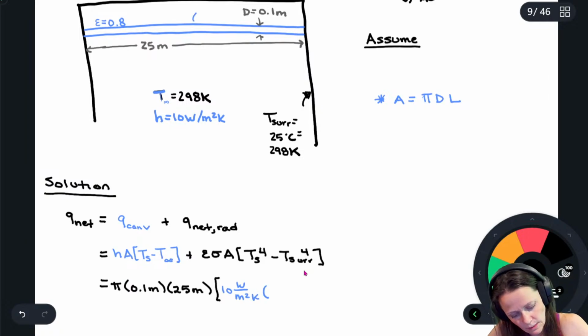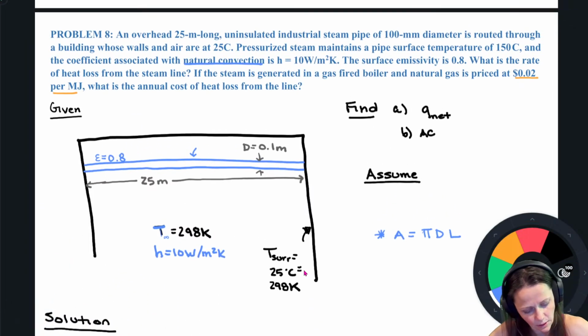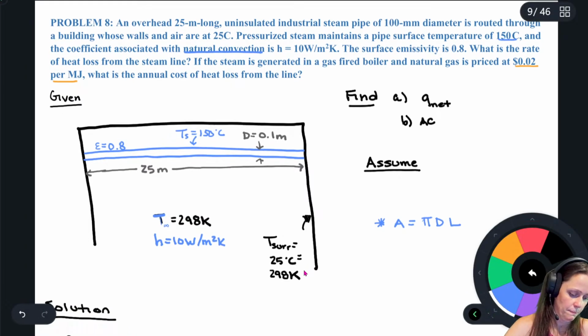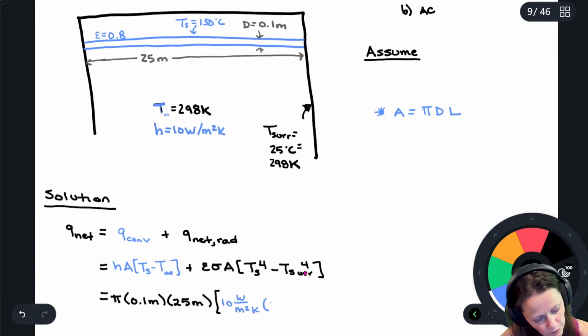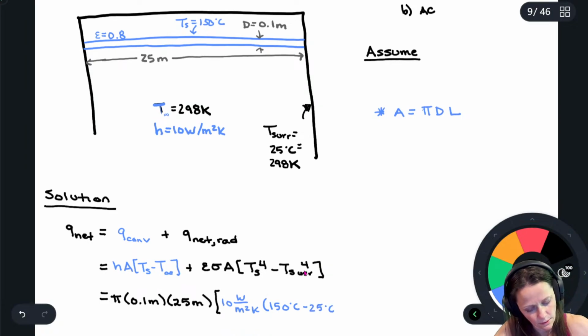Ts, they told us this was, I didn't write that on there, but it's right here. So 150 degrees Celsius minus 25 degrees Celsius, right?